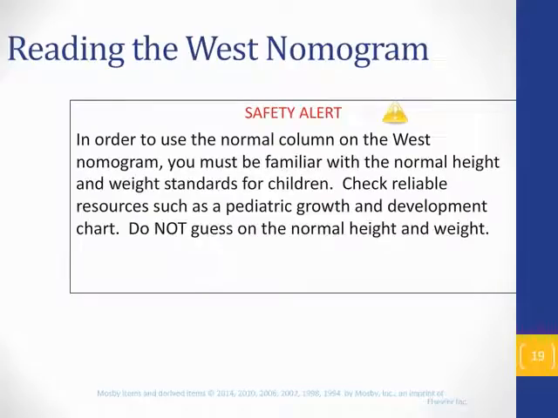Just a reminder that in order to use the normal column for the West nomogram, you must know that the child is actually of normal height and weight, and you're not supposed to guess. If you're not sure, I would use the 2 outer measures.